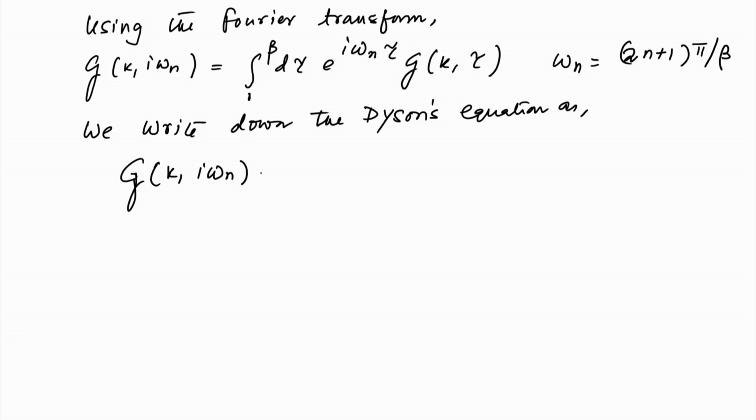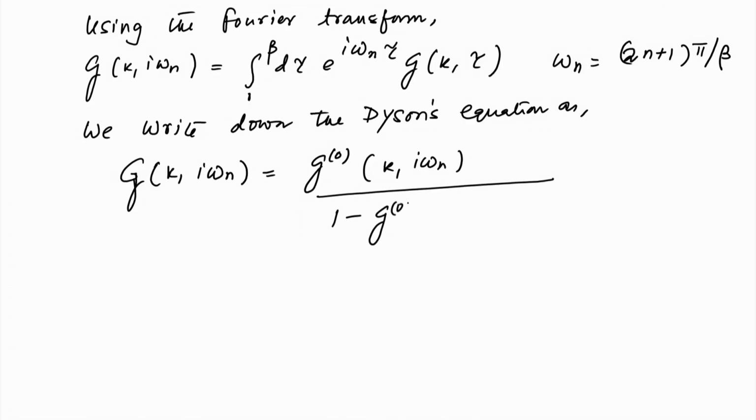We do a Fourier transform of this, and then this is written as G0_k(i omega_n) divided by 1 minus G0_k(i omega_n) and the sigma_k(i omega_n).